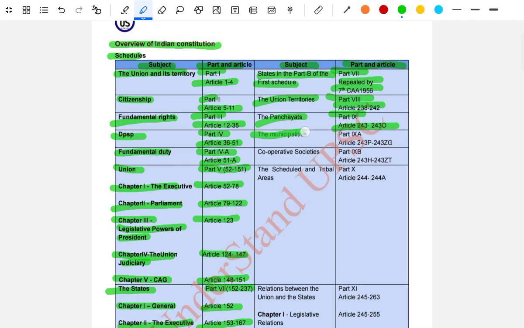The Municipalities, Part 9A, Article 243P to 243ZG. Cooperative Societies, Part 9B, Article 243ZH to 243ZT. The Scheduled and Tribal Areas, Part 10, Article 244 to 244A.